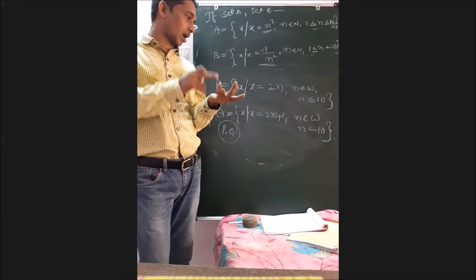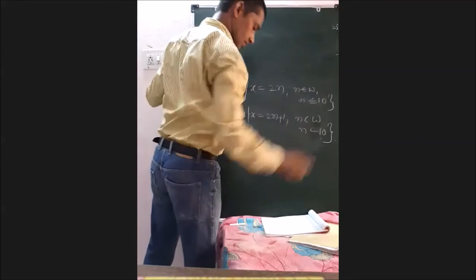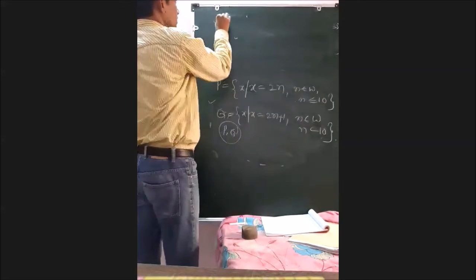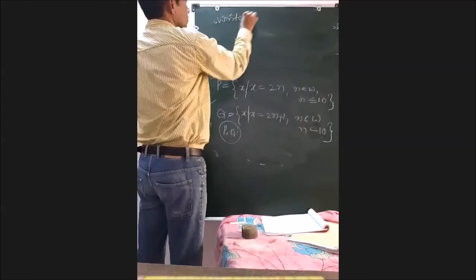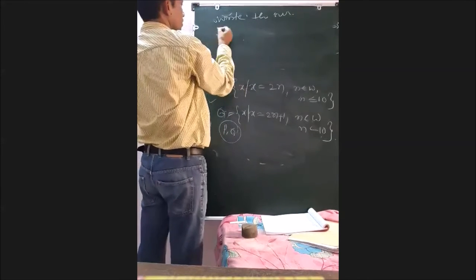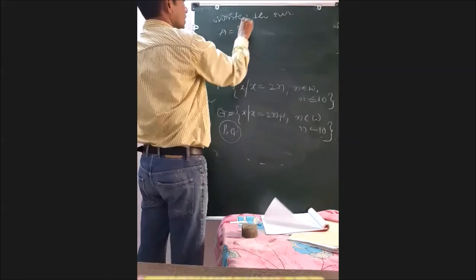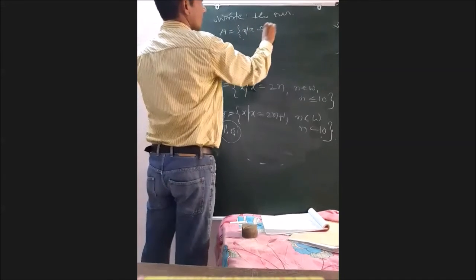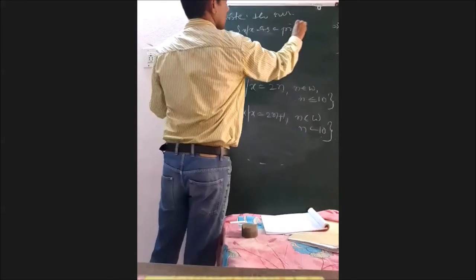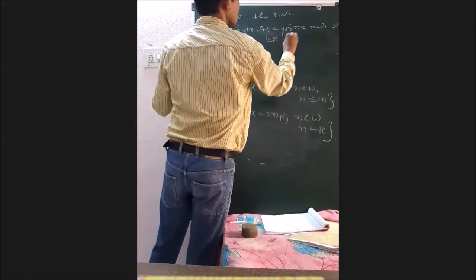And sometimes you may be asked to write the subsets of a given set. Say A is equal to {x such that x is a prime number less than 20}.